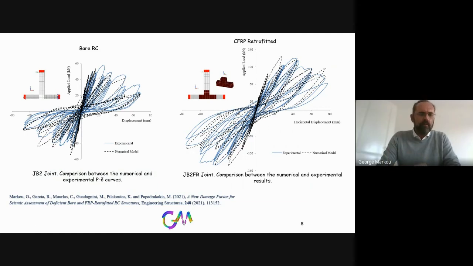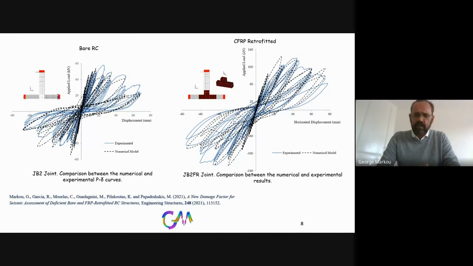But that's a point. Again, if you think a bit holistically, in order to bring your structure or that joint to a point where the CFRP sheet is going to fail, it means the concrete is already severely damaged. So either you capture that state or not, I think it's not that important.